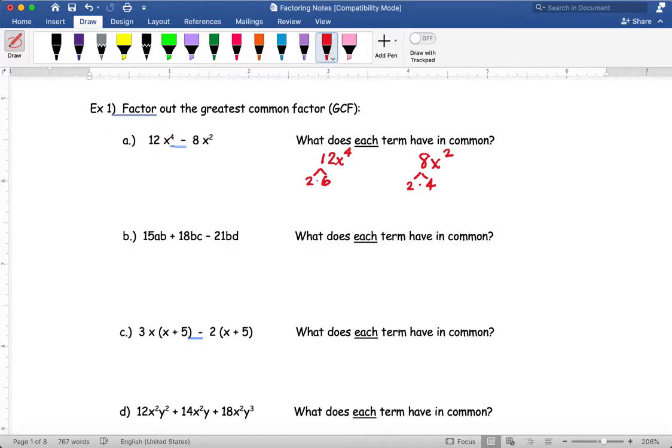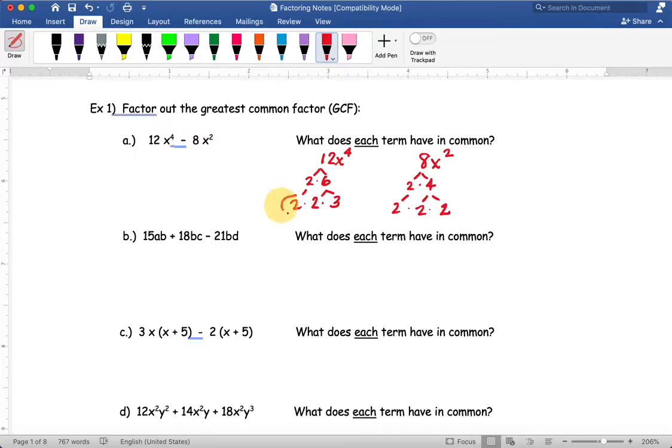But look, this 6 and this 4 is still even. So this is really 2 times 2 times 3, right? Because the 6 can be broken down. And this is a 2, and guess what? This 4 can be broken down into 2 times 2. And so I look and see, what do these two things, the integer part right now, have in common?